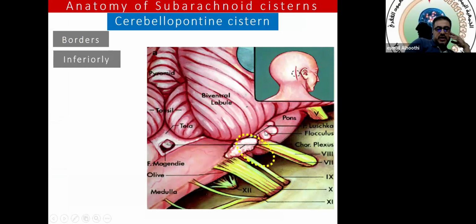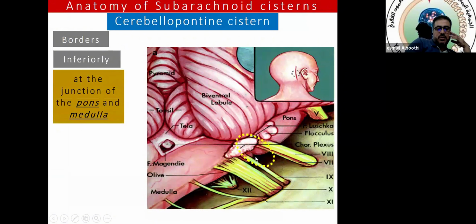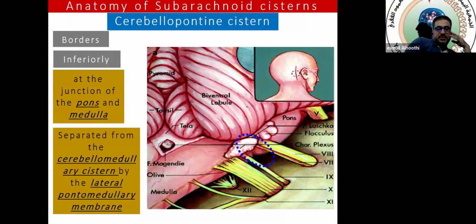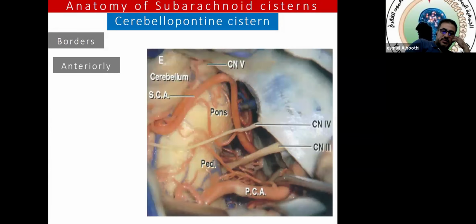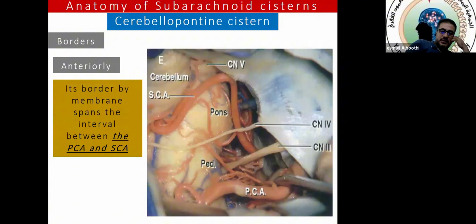The inferior border of the cerebellopontine cistern is the junction of the pons and medulla oblongata, separated from each other by a membrane called the lateral pontomedullary membrane. The anterior boundary of the cerebellopontine cistern is a membrane that spans the interval between the posterior cerebral artery and the superior cerebellar artery.